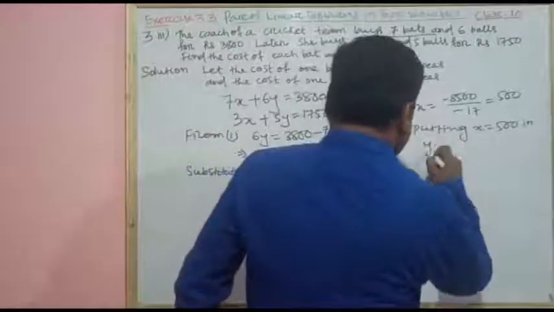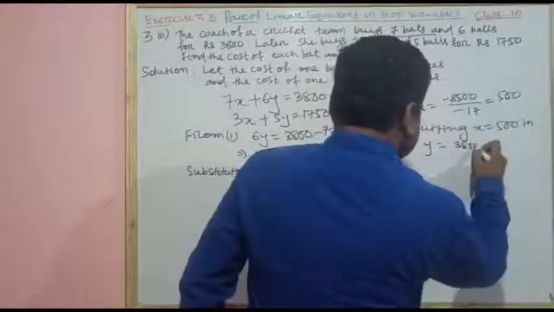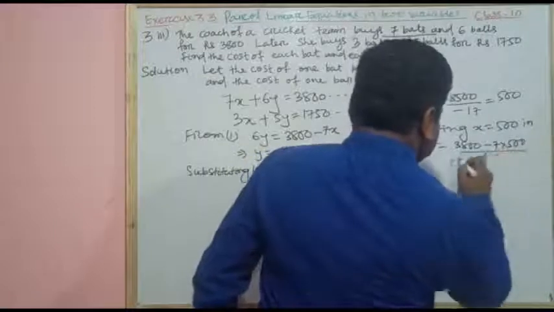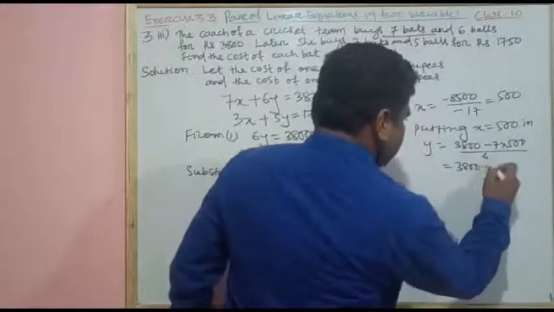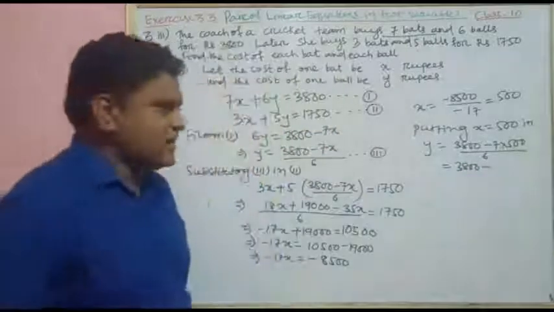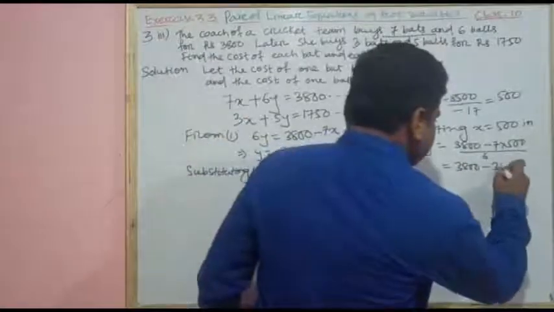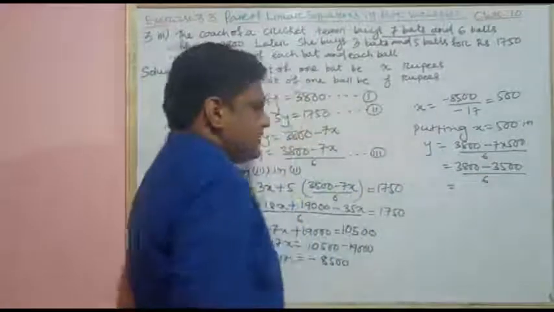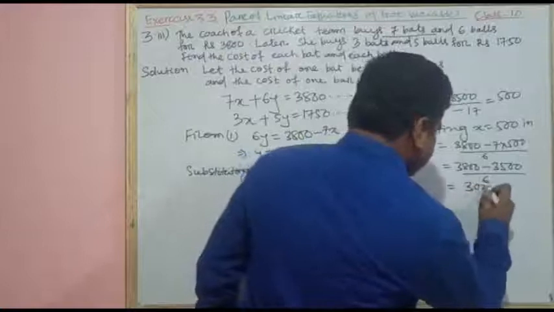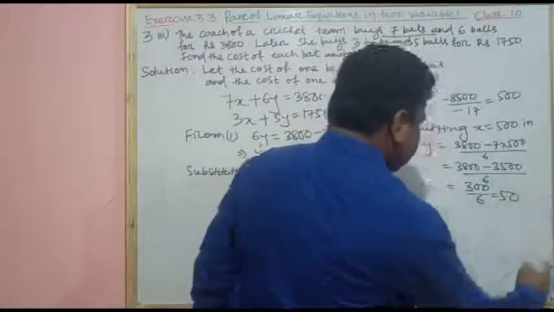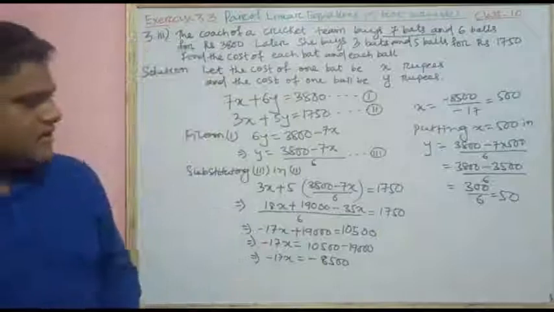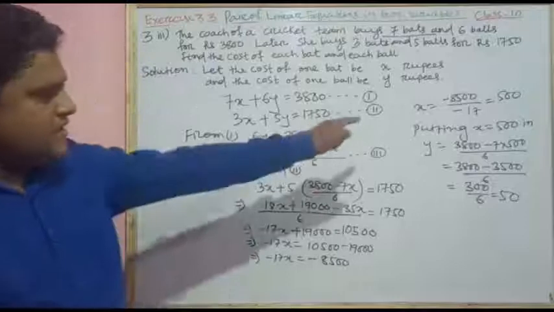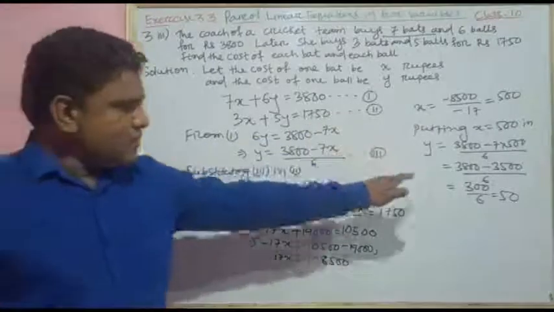So y equal to 3800 minus 7 into 500 divided by 6. 7 into 500 is 3500. 3800 minus 3500, it will be 300 by 6 is equal to 50. So we got the value x equal to 500 and y equal to 50. So the price of one bat is 500 rupees and price of one ball will be 50 rupees.